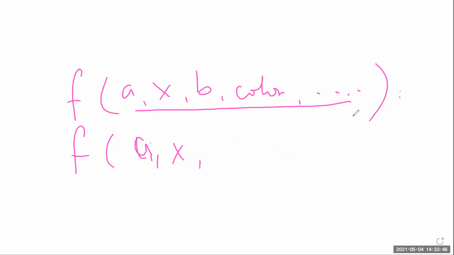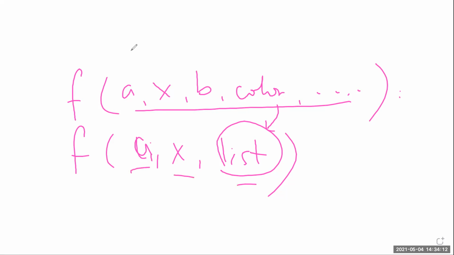So let's put it as a list here. The remaining, color and so on, you just put into that list. So simpler, right? Now you have only 3 parameters. Of course, the list or dictionary: if you don't like list, you can put it into a dictionary.